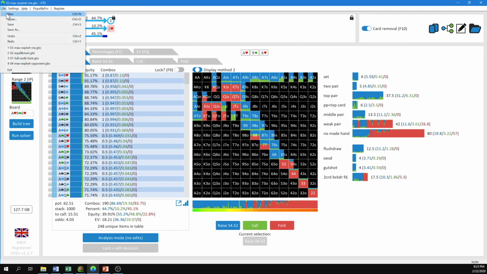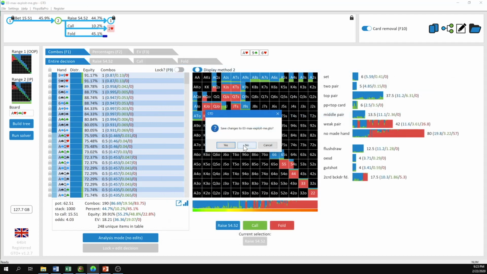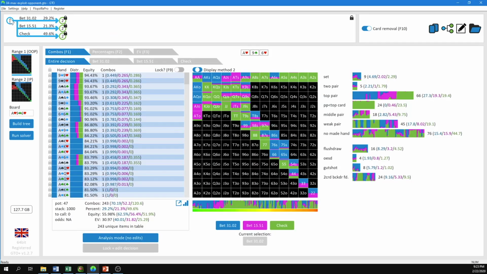Finally, the last iteration, you can probably guess what I'm doing here: now I take the spot where I unlock my own strategy and I lock the villain strategy. What this is showing is the maximally exploitative play against my perception of the villain strategy.